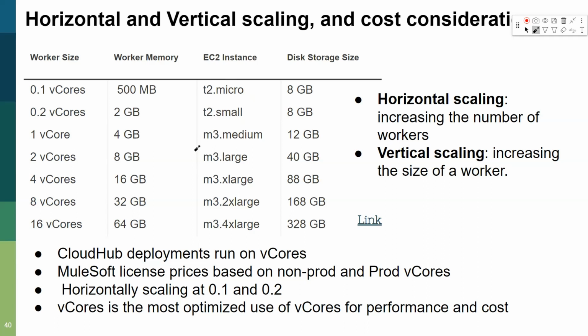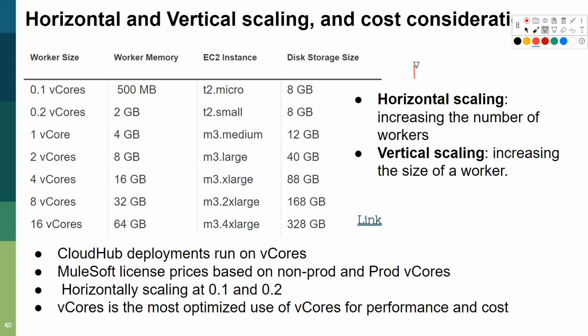You can scale horizontally and also vertically. What does it mean? Horizontal scaling means increasing the number of workers. If you have more of these, like 0.1, for example, if you increase from 2 workers of 0.1 vCores to, let's say, 5 workers of 0.1 vCores, you have scaled horizontally.